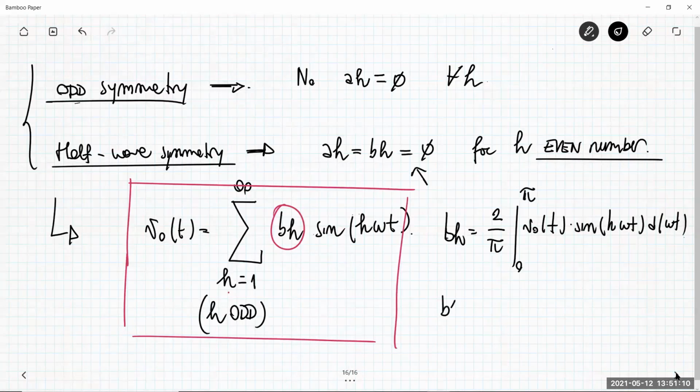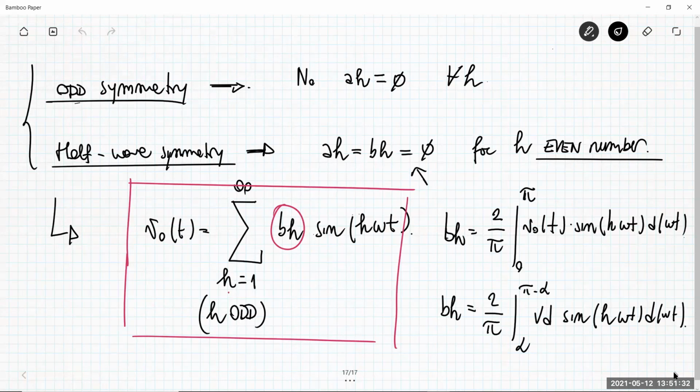So BH is 2 over p, integral between alpha and p minus alpha of Vd sine H omega t d omega t.